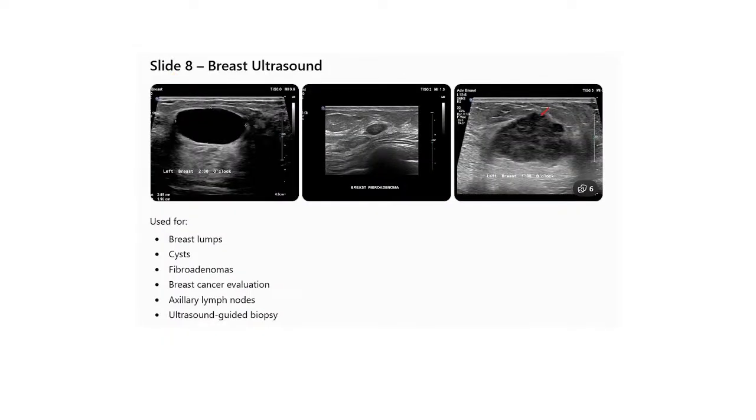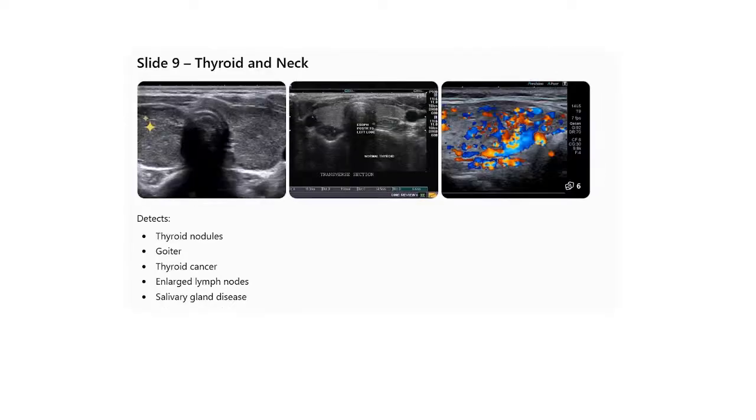The breast application of ultrasound is used for breast lumps, cysts, fibroadenomas, breast cancer evaluation, axillary lymph nodes, ultrasound guided biopsies. So the thyroid applications of medical ultrasound. It detects thyroid nodules, goiter, thyroid cancer, enlarged lymph nodes, salivary gland disease.